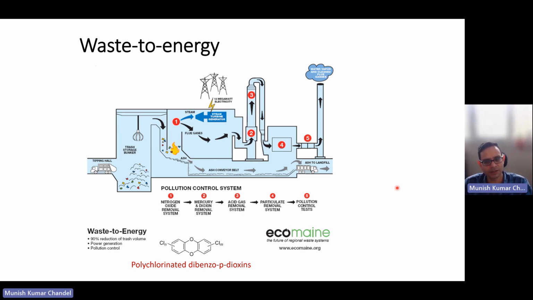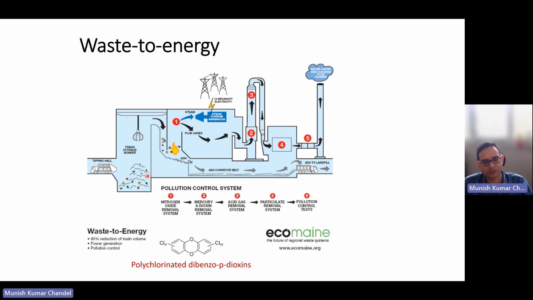Because we are doing the combustion of municipal solid waste, thermal energy is produced, which can be used as steam either to run a steam generator or for different processes. So the concept is to incinerate the waste, produce thermal energy, and use it to generate either electricity or steam for different processes.